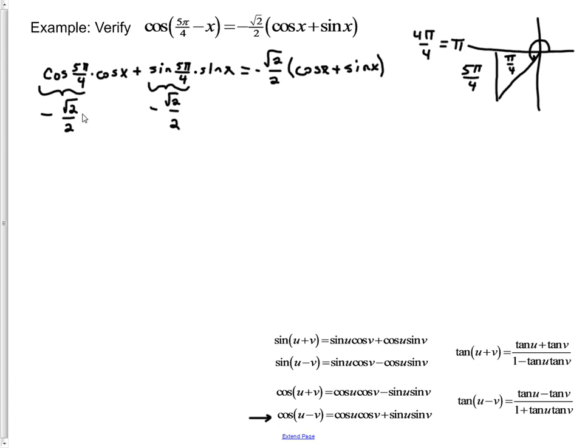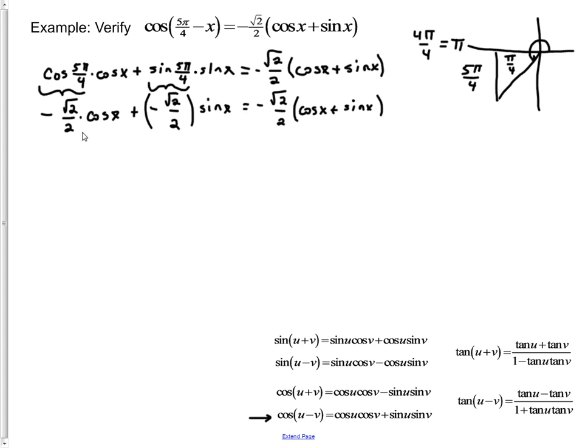So putting in the rest of the problem, this is negative square root of 2 over 2 times the cosine of x added to negative square root of 2 over 2 times the sine of x. And again, all we're really doing is showing that's equal to negative square root of 2 over 2 times the quantity cosine of x plus the sine of x.